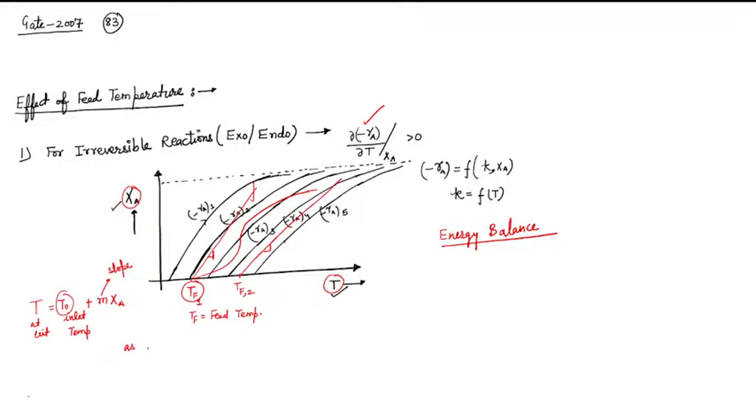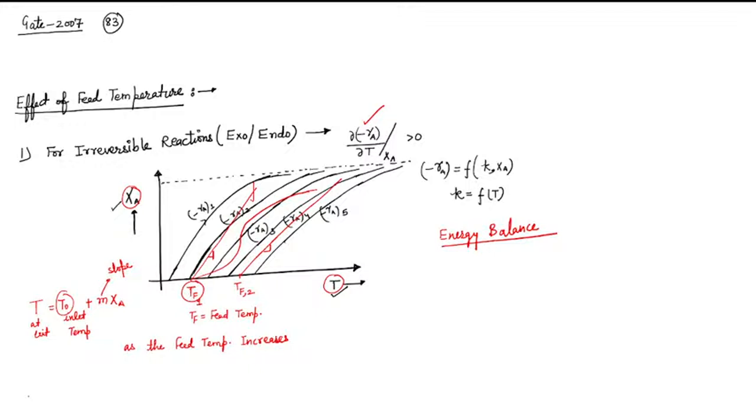So as the feed temperature increases, on that curve of xa versus T for the fixed rate, for the same conversion the temperature will be more.